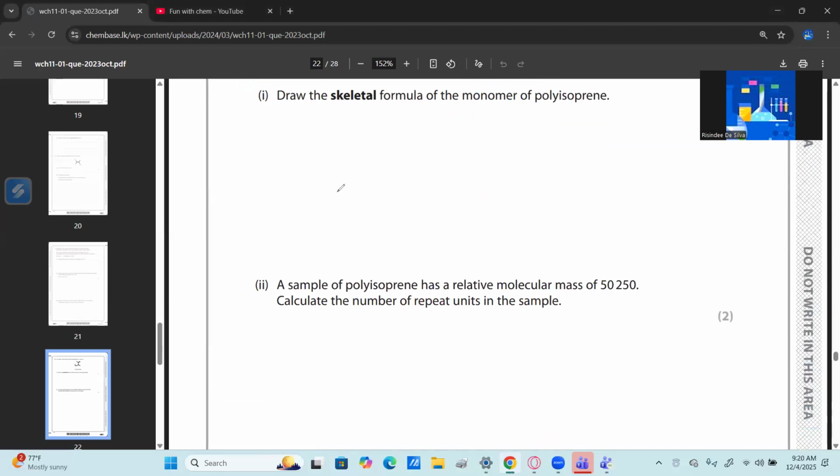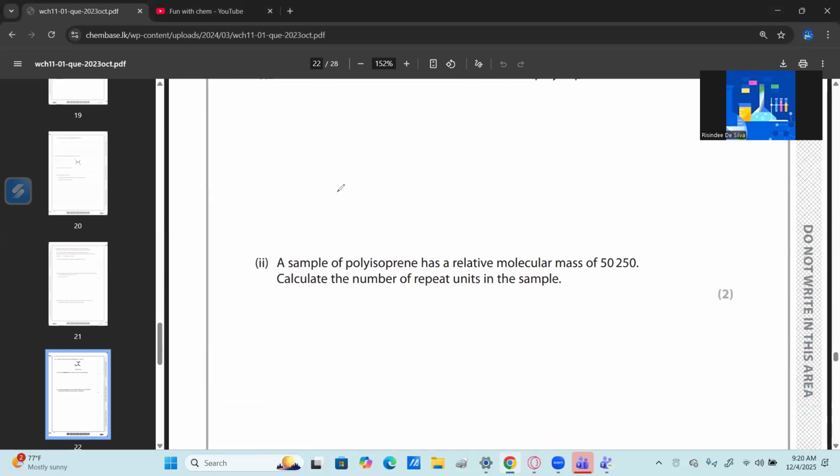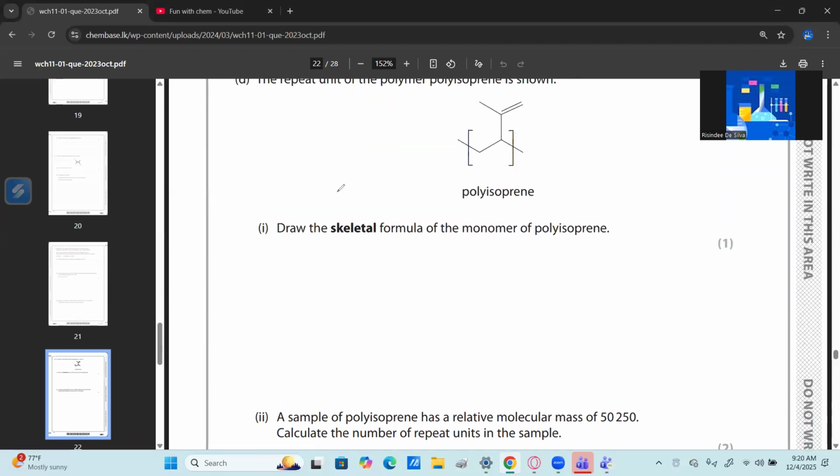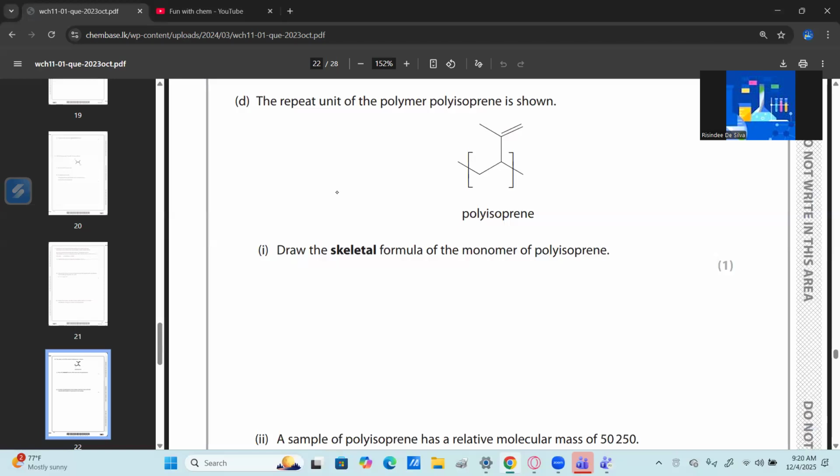A sample of polyisoprene has a relative molecular mass of 50,220. To find the amount of repeat units, we need to find the molecular mass of the repeat unit. So this should be 2 hydrogens.